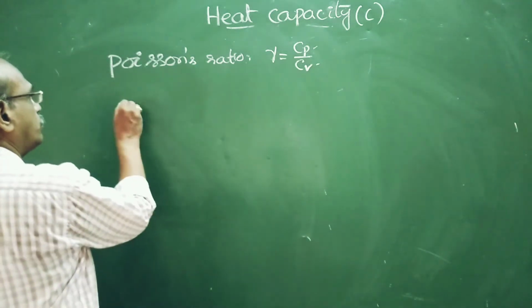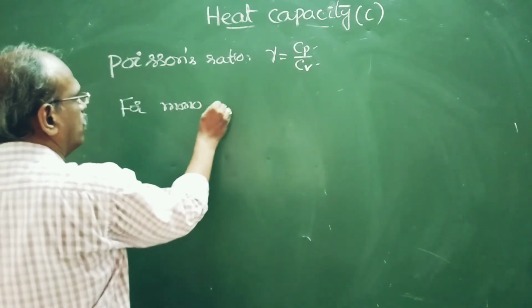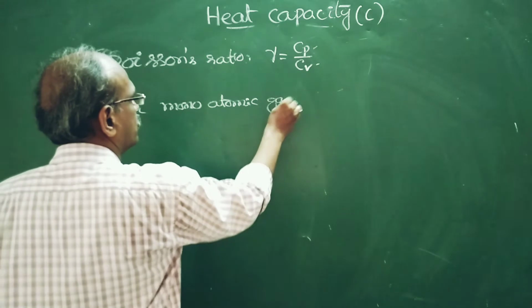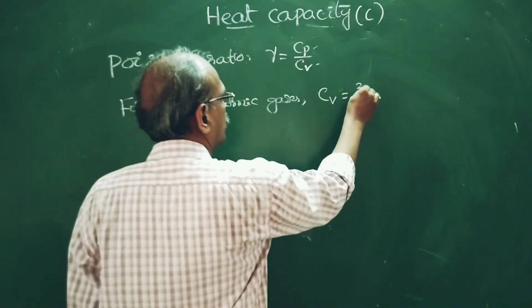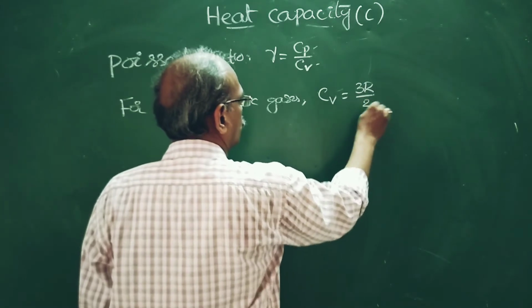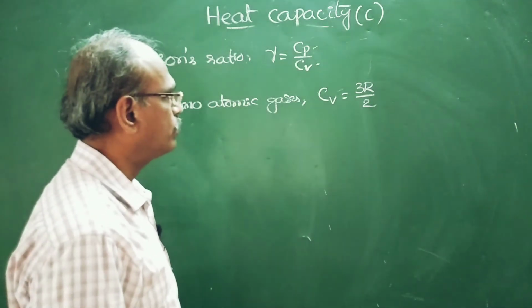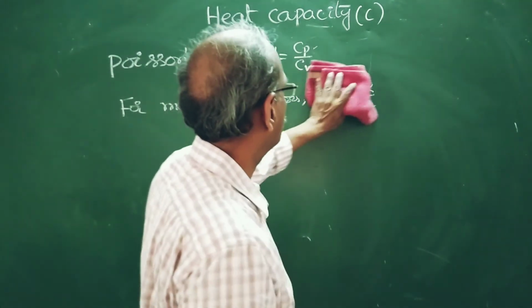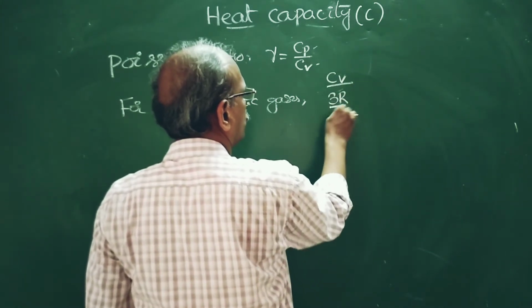See, for monoatomic gases, Cv is equal to 3R by 2. And from that, let's write this. Cv is 3R by 2.